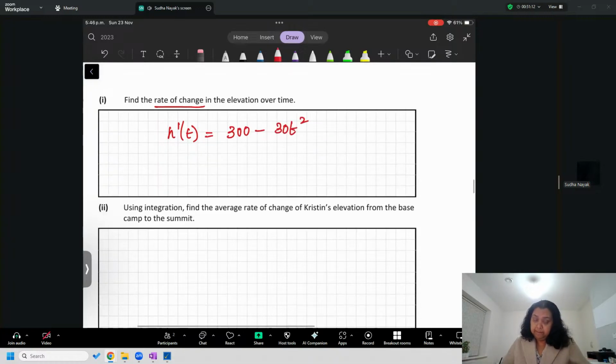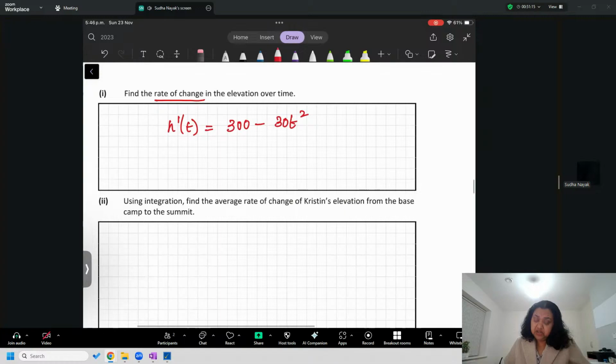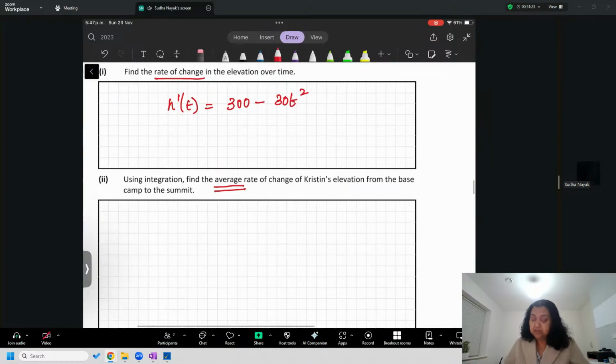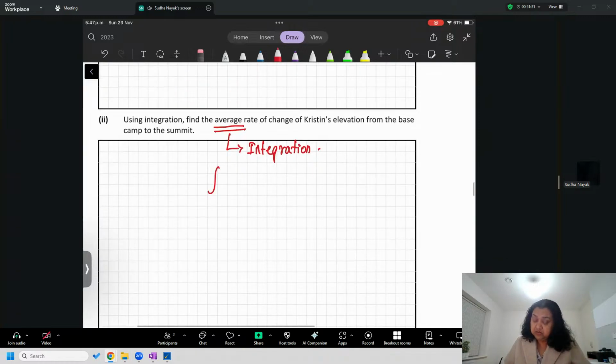Next question: using integration, find the average rate of change. If you need to find the average, immediately think integration. The average of a function is integration. So what is the formula? 1 by b minus a, integral from a to b of f of x dx.